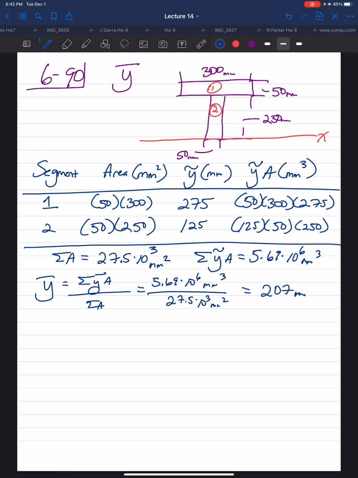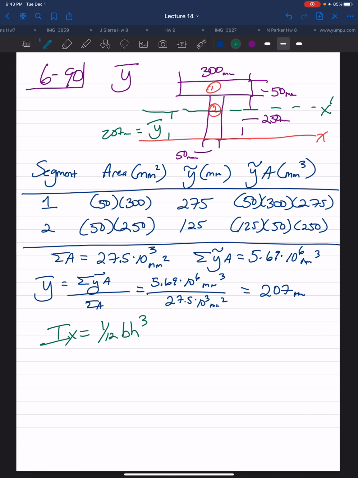So what that means is our x prime axis, this distance here is y bar, which we said is approximately 207 millimeters. So that's the first part of the problem. Then they wanted to find the moment of inertia about the x-axis. We know from Appendix B, for a rectangle, I sub x is 1/12 base height cubed.